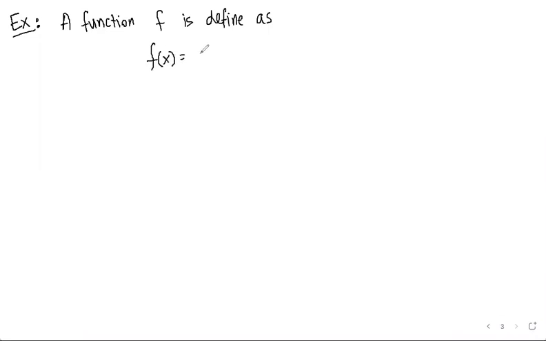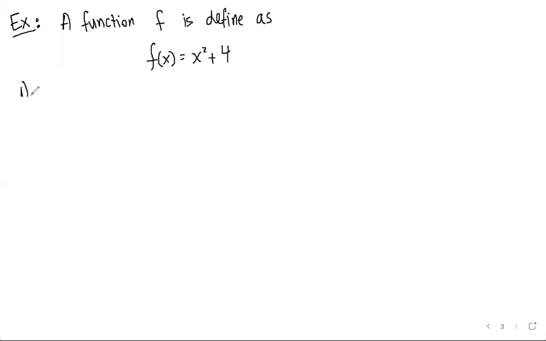Example 1. A function f is defined as f of x equals x squared plus 4.